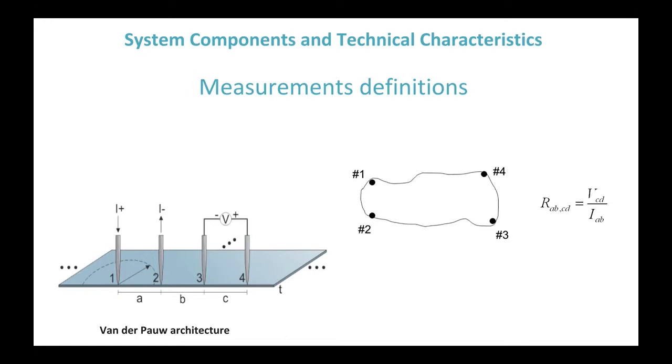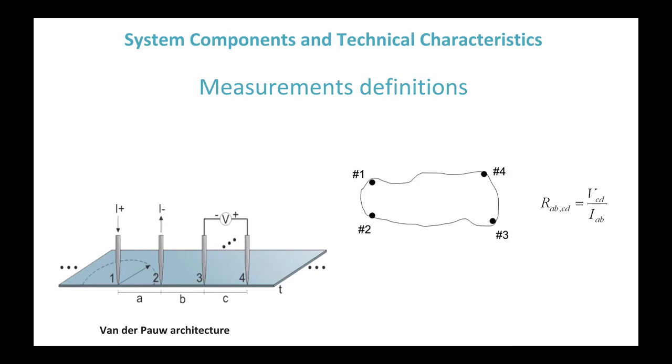Measuring definitions. The contacts are numbered from 1 to 4 in counterclockwise order beginning at the top left contact. The current I12 is a positive DC current injected into contact 1 and taken out at contact 2, measured in amperes.